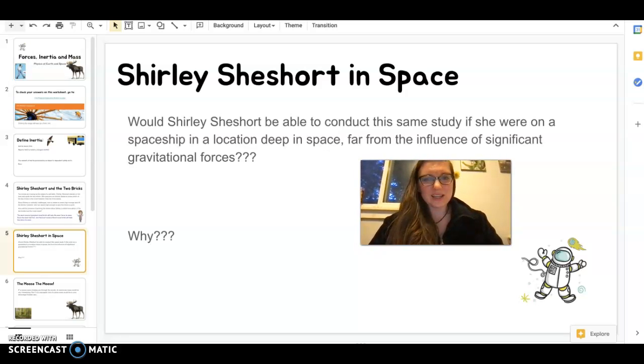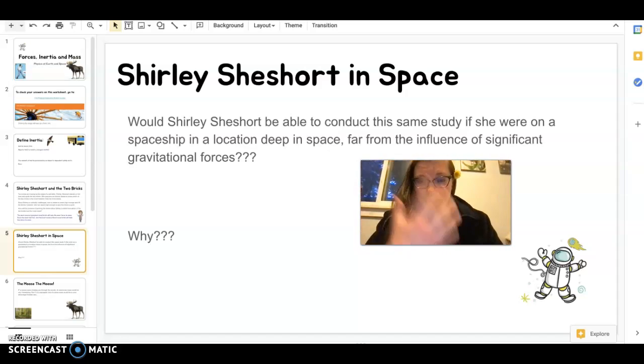The one answer is that yes, she could definitely still conduct this study, because in space, even though things are going to have a different weight, they're still going to have the same mass. So one of those bricks is going to have more mass and the other less mass, and it's going to take more force to move one and less force to move another to overcome their inertia.